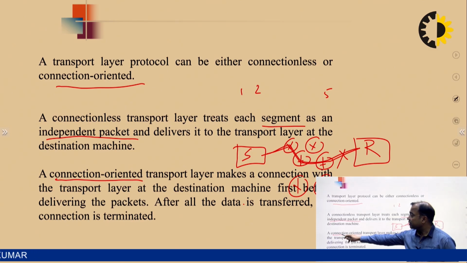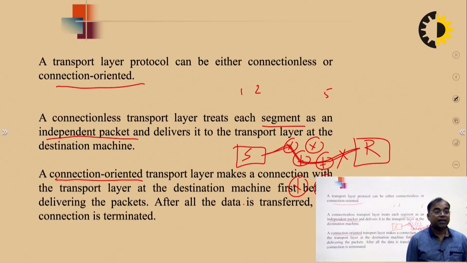So this is what is written here: a connection oriented transport layer makes a connection with the transport layer at the destination machine first before delivering the packets. After all the data is transferred, the connection is terminated. So this is what we call a connection oriented transport layer protocol.